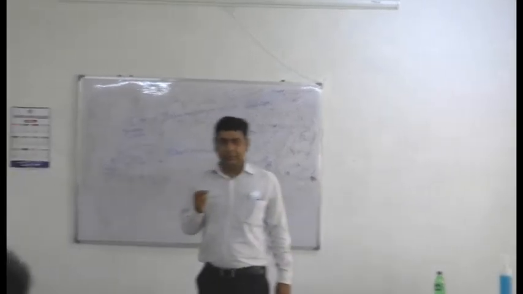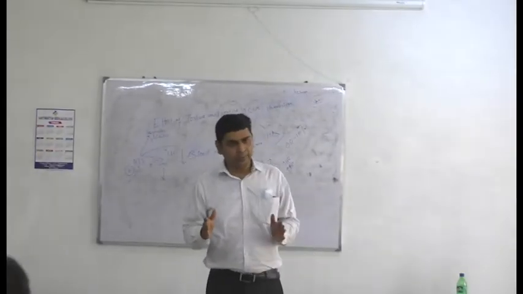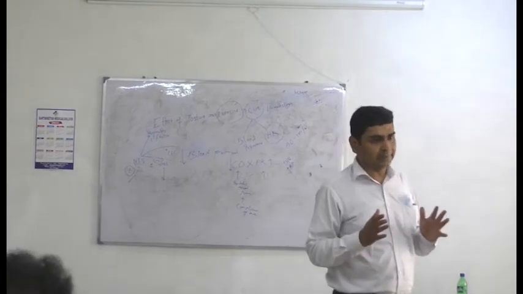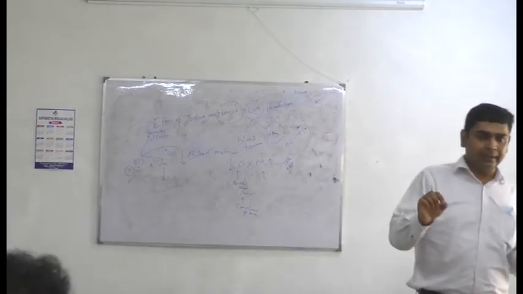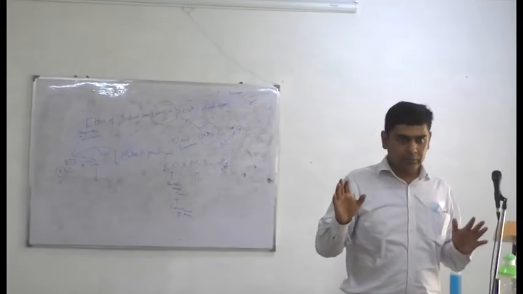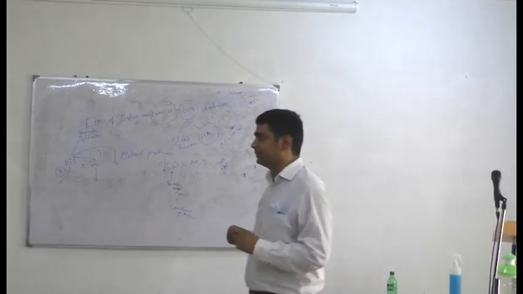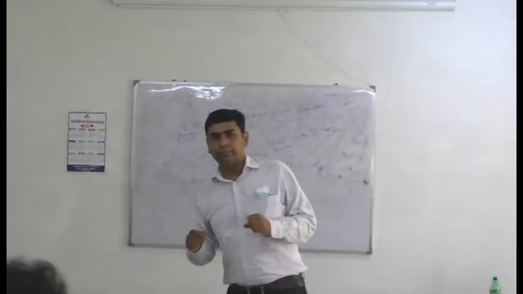Now there is some peripheral resistance, and that peripheral resistance is exerted mainly by the arterioles. So what happens in exercise?